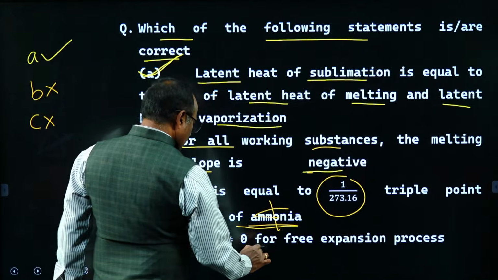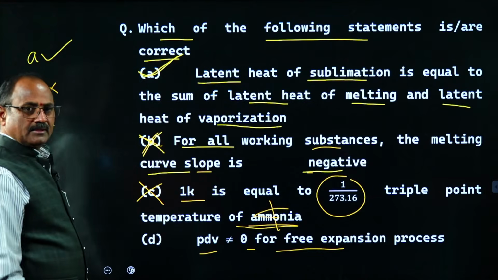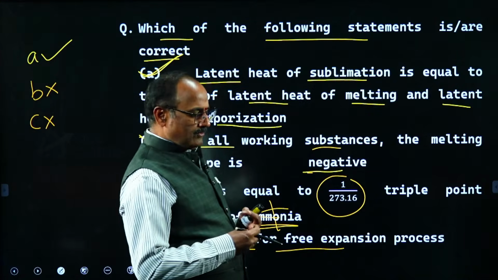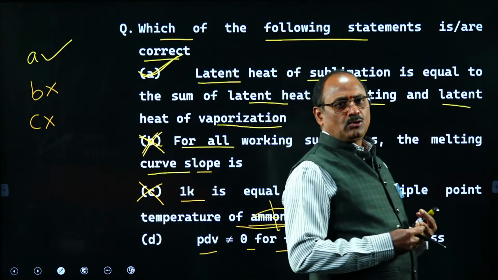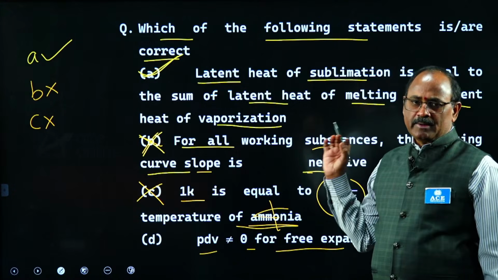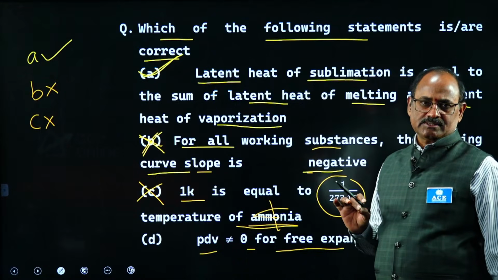PdV not equal to 0 for free expansion process. Absolutely correct. For the free expansion process, the flow of working fluid from a high pressure compartment to a low pressure compartment, or to a perfectly evacuated compartment, is called the free expansion process.